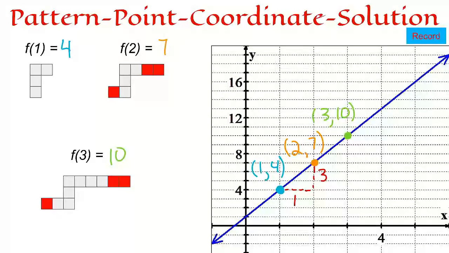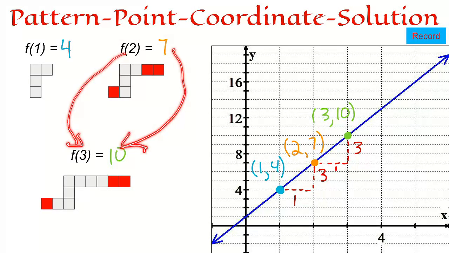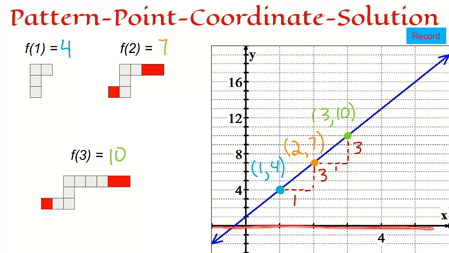And again, we can see that when we move to the right 1 unit, we go up 3 units. Saying the same thing, when we increase the figure number by 1, we increase the number of tiles by 3. So x is the figure number, and y is the number of tiles.